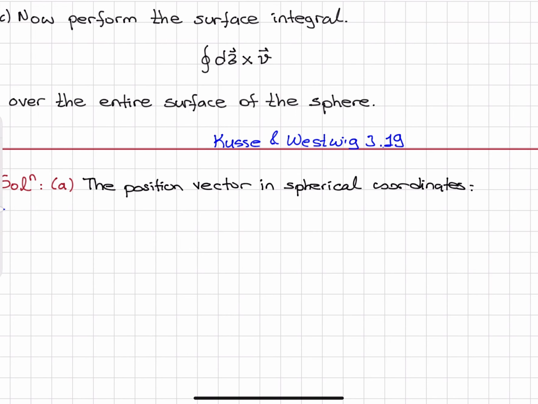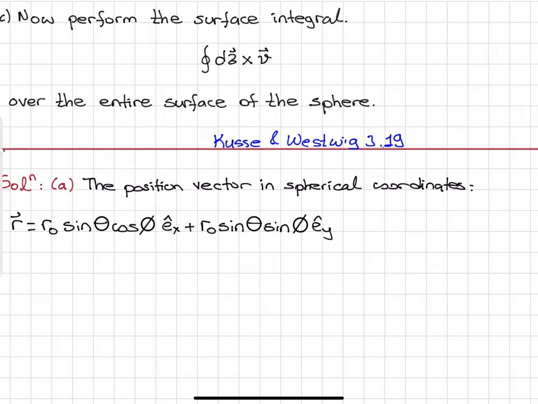The position vector r is equal to r0 sine of the polar angle theta cosine of the azimuthal angle phi in ex hat direction, and r0 sine theta, which takes us to the xy plane, and this time sine of the azimuthal angle phi in ey hat direction.